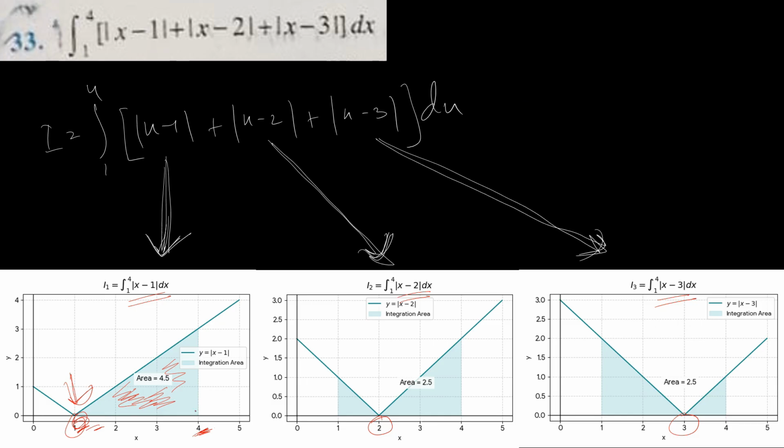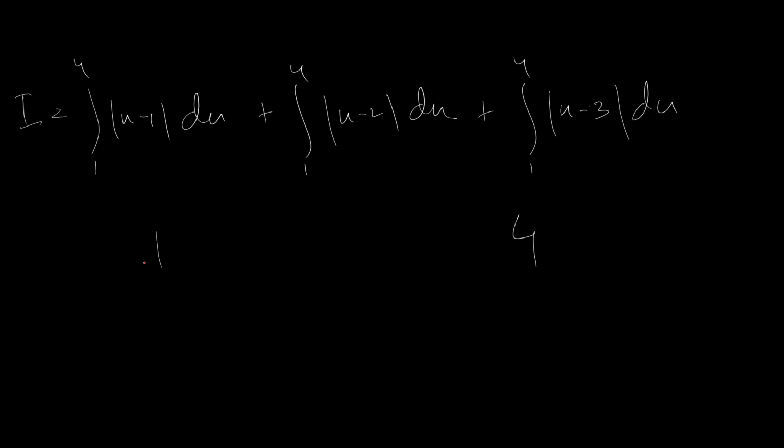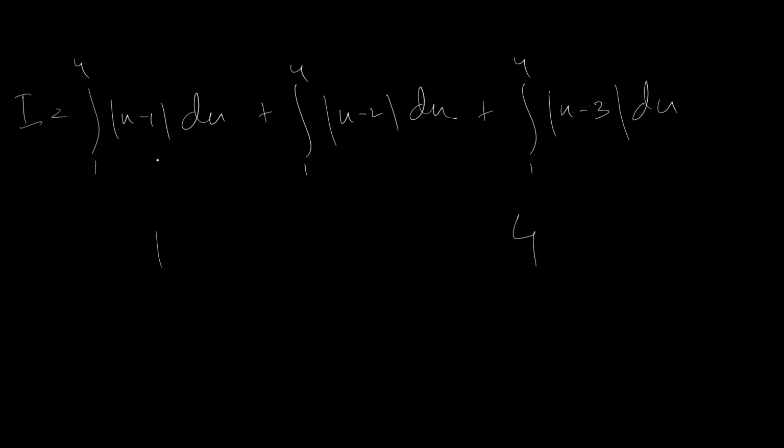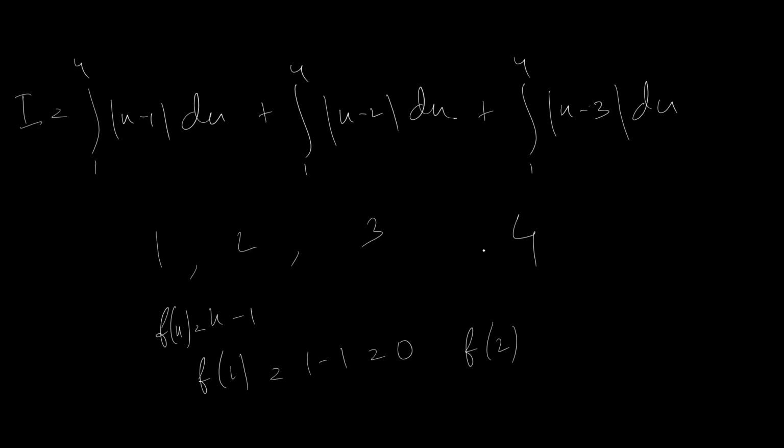From 1 to 4, x minus 1 will always be positive, because let's say f(x) is equal to x minus 1. If I give x value 1, this will be 1 minus 1, 0. 1 is the lower limit, 4 is the upper limit.